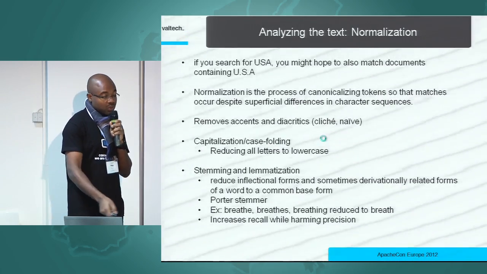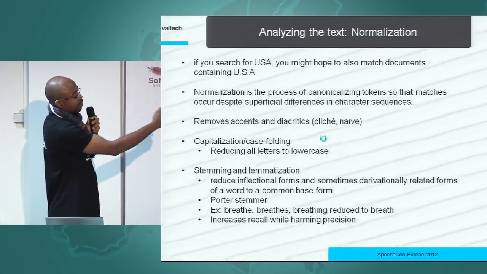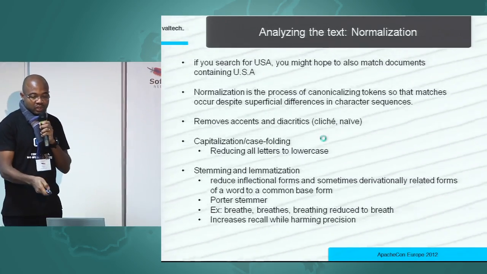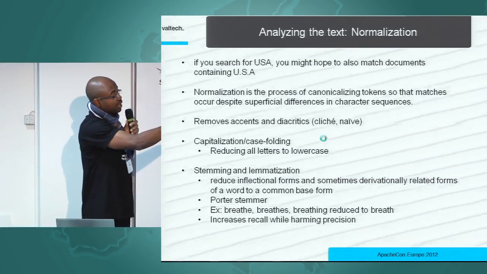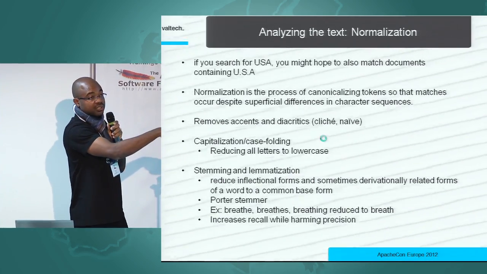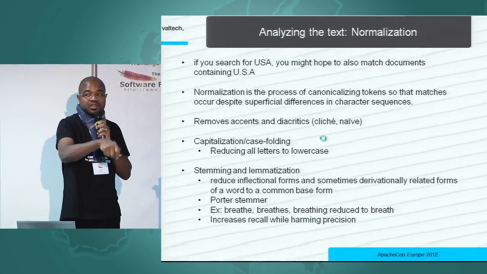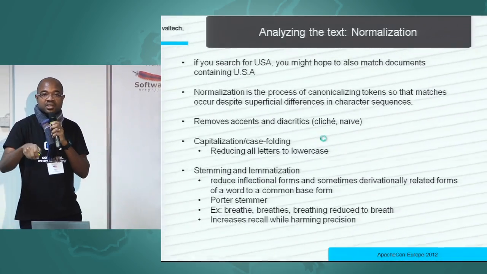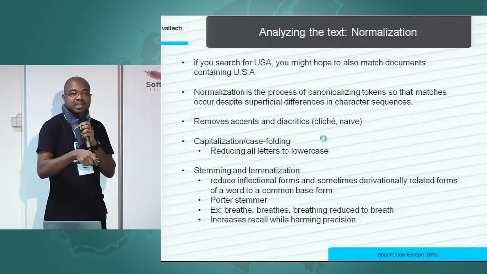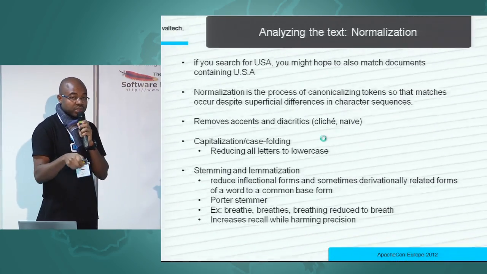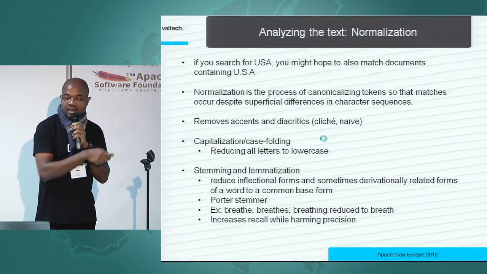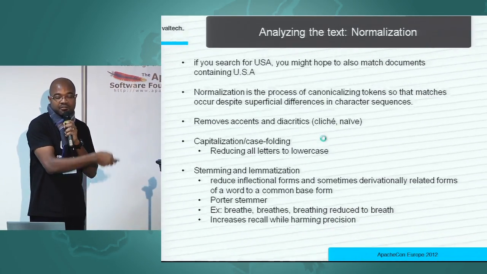With the Porter stemmer, you can have the word brief for the terms listed here. But you should be careful, because stemming increases recall while harming precision. You have to choose a trade-off between precision and recall. And in a web search engine, recall is not that important. We see that at Google they choose precision, so they are not going to do any stemming, I guess. So you have to be careful about this.